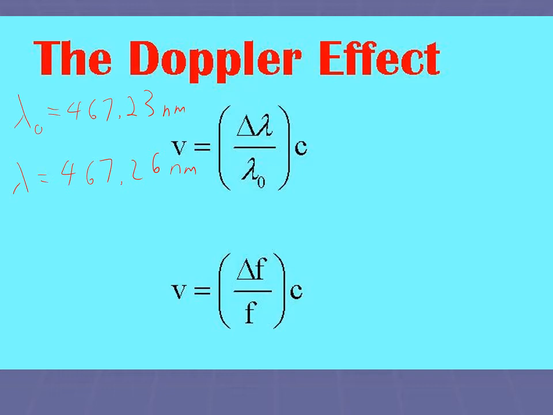The difference, this where it says delta up here, that means difference. The difference is 0.03 nanometers. And so we can find out how fast it's going by saying that's equal to the difference, 0.03 nanometers, divided by the lambda sub 0, which means that's what it's supposed to be, 467.23 nanometers, times the speed of light.